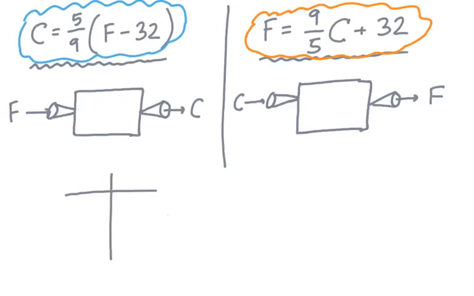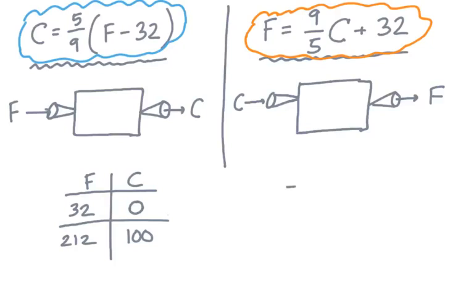We know that water freezes at 32 degrees Fahrenheit, and you may also know it boils at 212 degrees Fahrenheit. When you push it into the function, it outputs 0 degrees Celsius as the equivalent of 32 degrees Fahrenheit and 100 degrees Celsius as the equivalent of 212 degrees Fahrenheit.